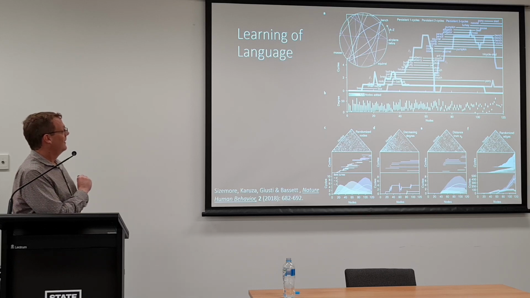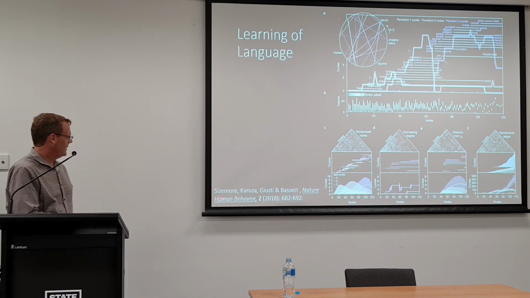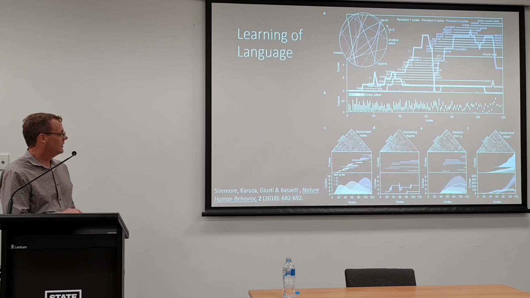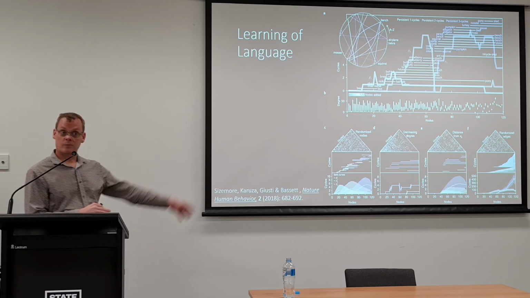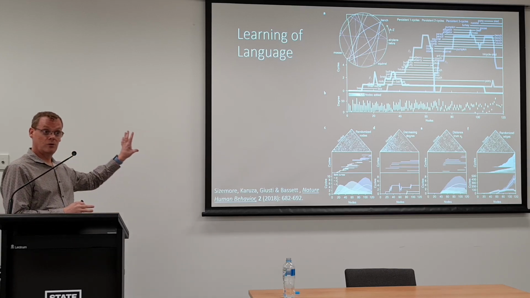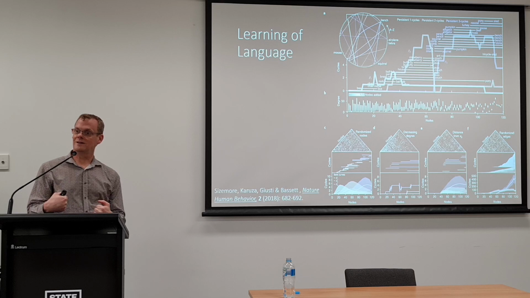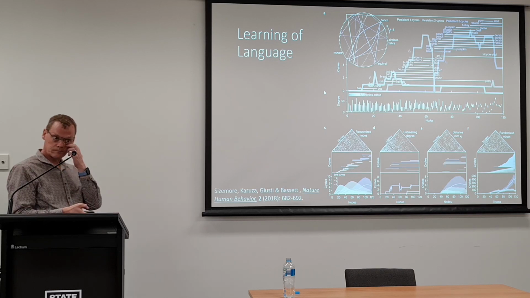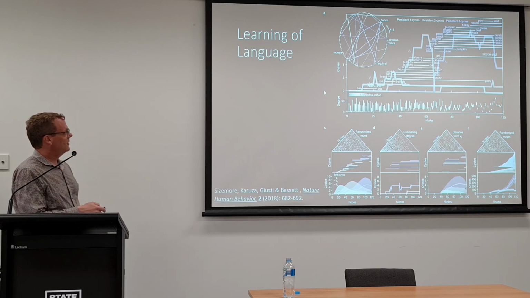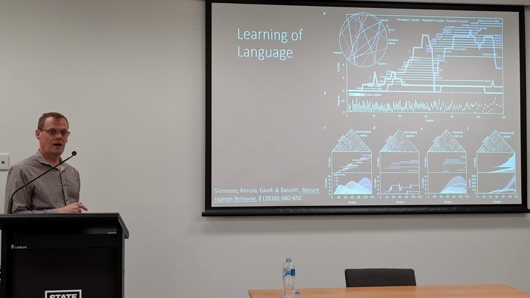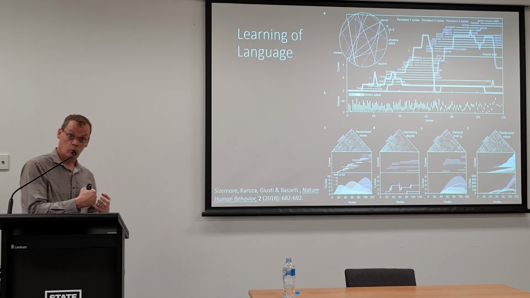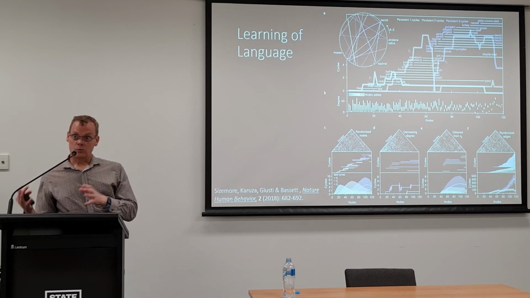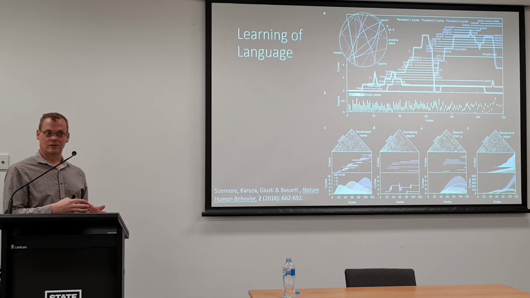Now, this is a really interesting paper by the group of Danielle Bassett in the US a couple of years ago now, but they applied the same toolkit, the persistent homology toolkit, to look at language learning in toddlers. What they looked at was, over time, how many words toddlers knew, how they learned those words, and linguistically how those words were connected.